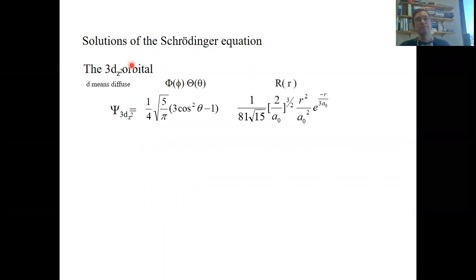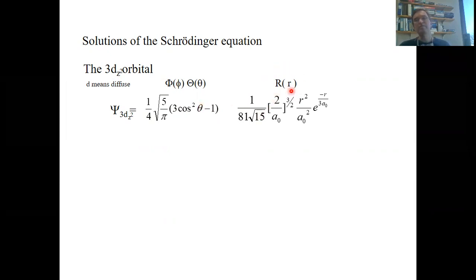You can see here the wave function for the 3dz square orbital. See here the angular part, and here you see the radial part. You see that the angular part is a function of an angle, theta in this case. So we would expect a non-spherical orbital.